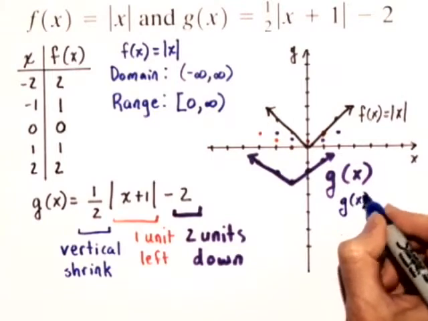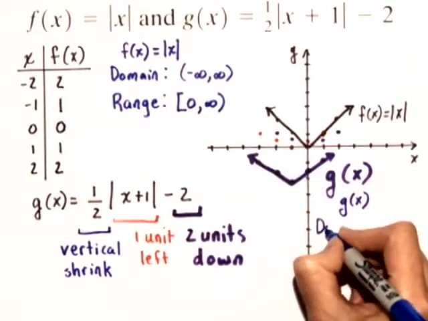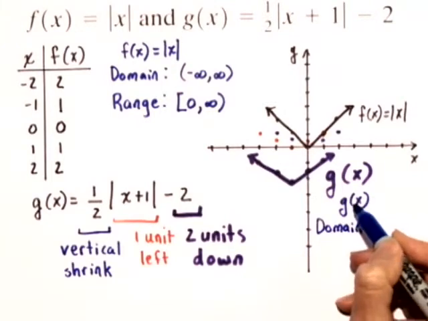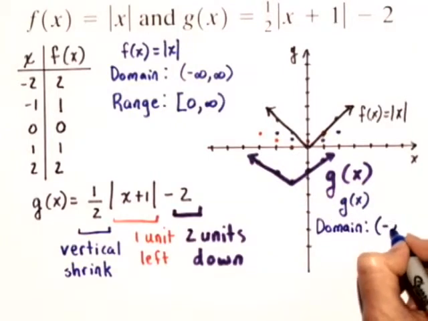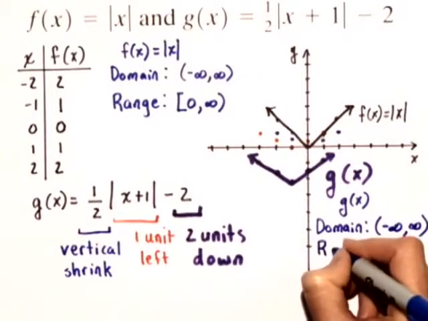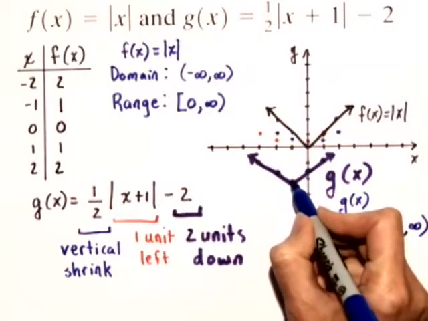So for g of x, here in purple on the graph, I have a domain. Again, for x, I can let x equal any real number that I like. So from negative to positive infinity. And the range, in this case, our lowest point occurs right here.